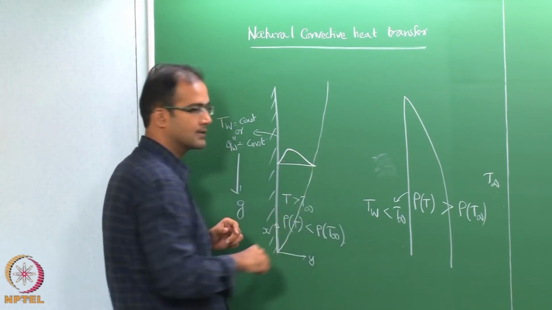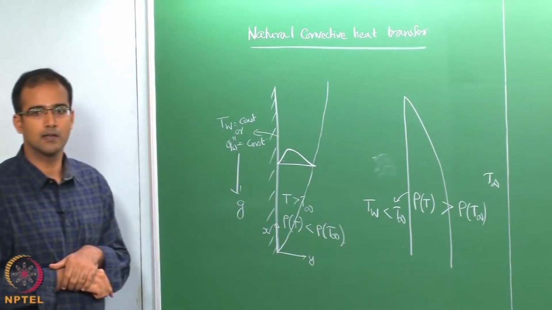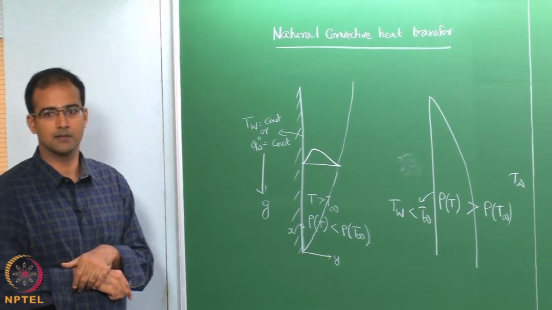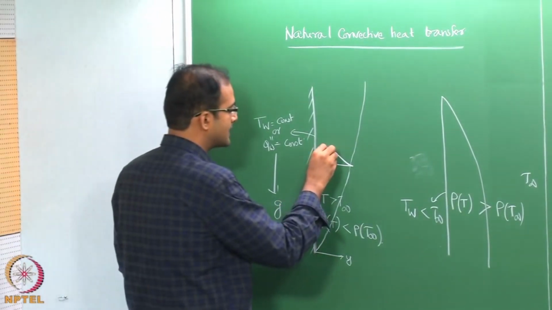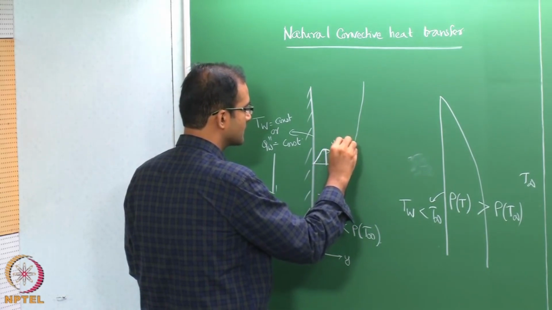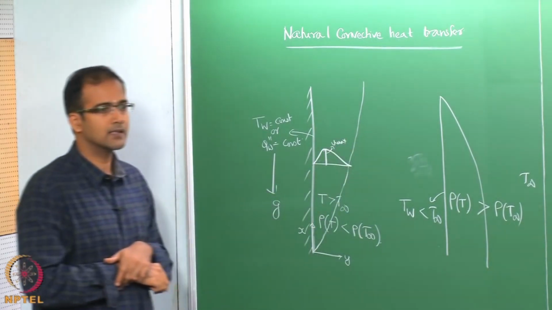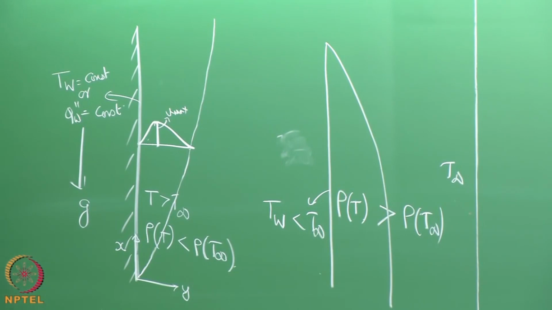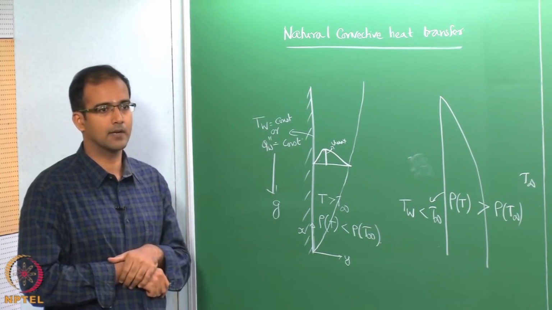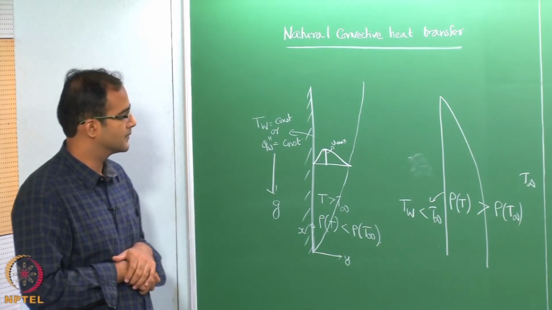We do not know what this location is, we will find it out in due course, and also we do not know the value of this maximum velocity. Let us say this is your u max. In the case of external forced convection, you know that u max is equal to u infinity, but in this case we do not know that, we have to get it from the solution, right.